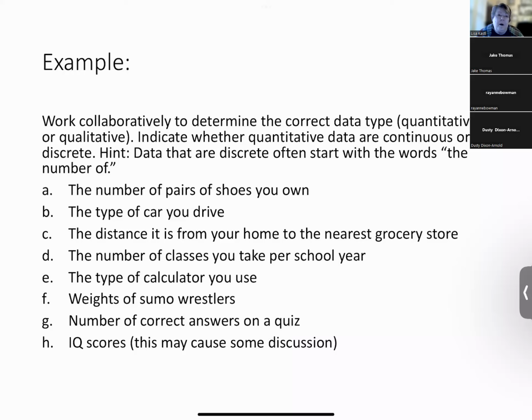IQ scores are measured, so I would argue they're continuous, quantitative, but they're stated as a discrete number. So they give you some kind of test and they measure your IQ, but then they state it, well, your IQ is 110 or 120 or whatever it is. So they state it as a whole number, but they actually measure it.